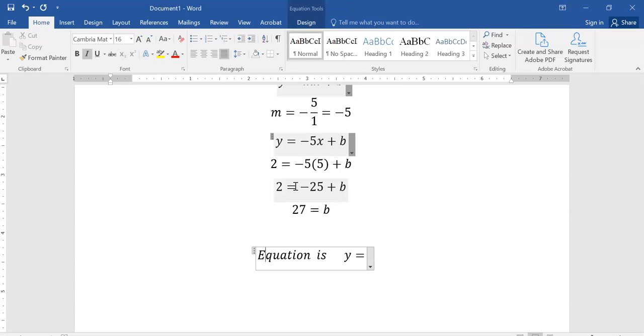So the equation of the line that I'm looking for, I'm going to put it in slope-intercept form. M is -5. B equals 27, so that is y equals -5 times x plus 27. So the equation of the line I'm looking for is y equals -5x plus 27.